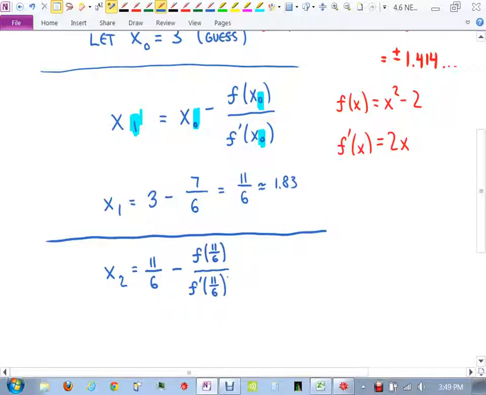This isn't a problem like, cut the sphere in half and notice these triangles and all that. This is very mechanical. These problems are just plug and chug. You just got to know how to apply the formula. So this is 11/6 minus 121 over 36 minus 2.